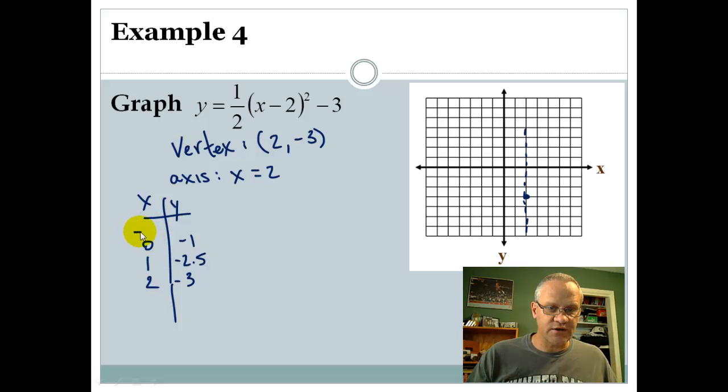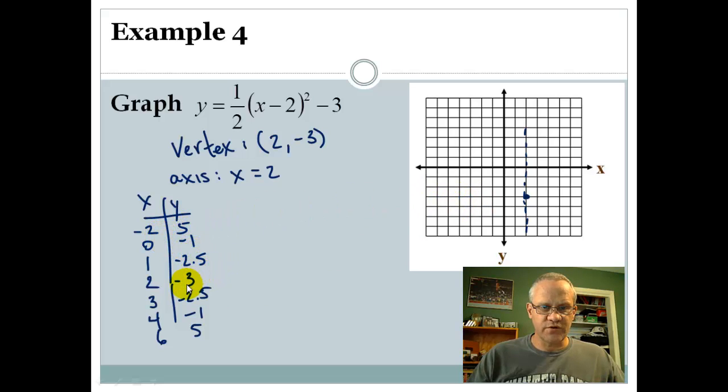Going the other way, you've got 3, -2.5, and 4, -1. Or if you go a little further, you could find 6.5, and forget the decimals. But regardless, just plot some of these points to get a feel for what this is going to look like.